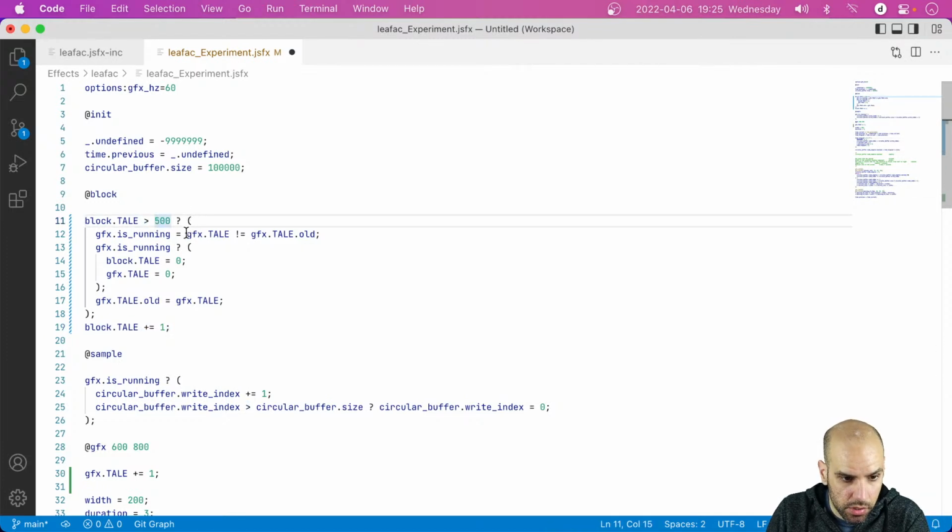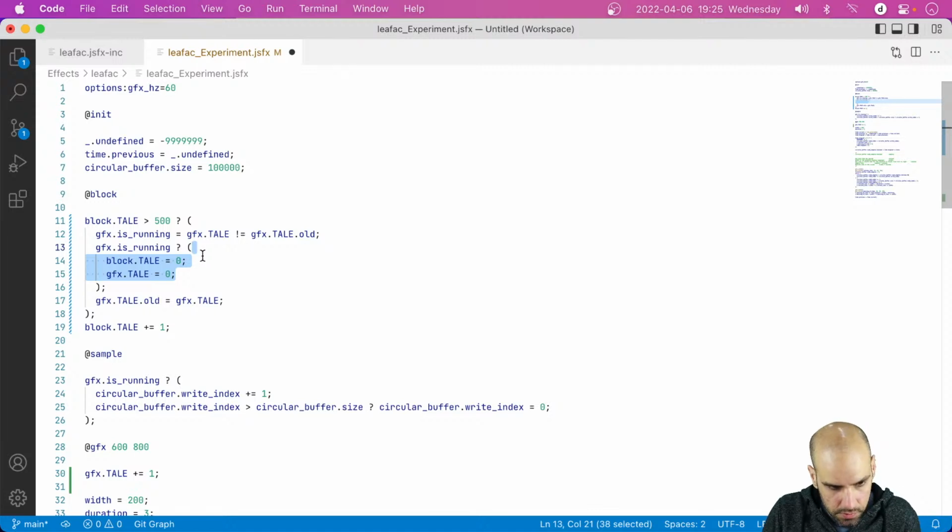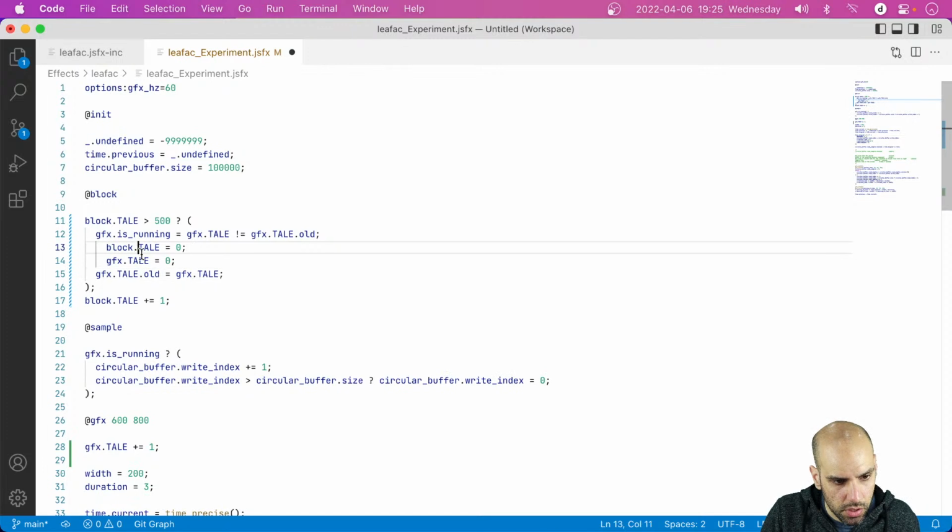And at that point, we check: we have run the block 500 times at this point. Have we run the GFX block at least once? Are they different? If so, it's still running. Zero everything. I guess this zeroing of everything could happen unconditionally.